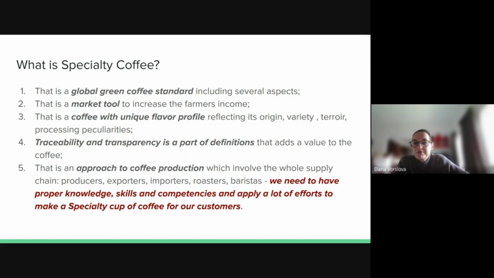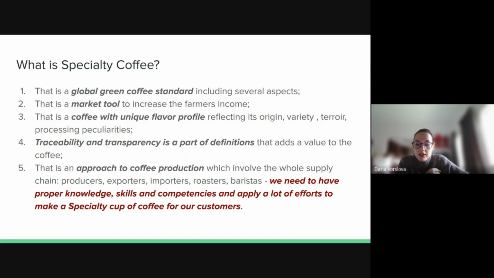It refers to the whole coffee supply chain: importers, exporters, coffee roasters, baristas, all the parts involved in producing coffee. Roasting is also producing, and making a cup of coffee out of roasted beans is also producing, making coffee, right?